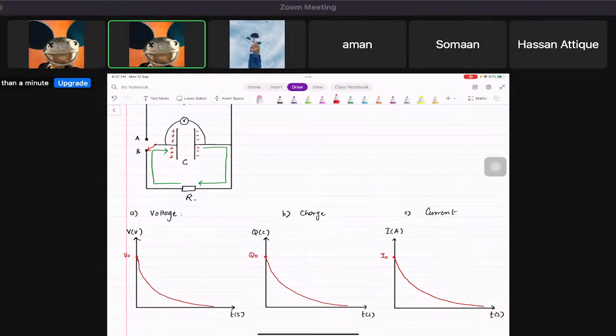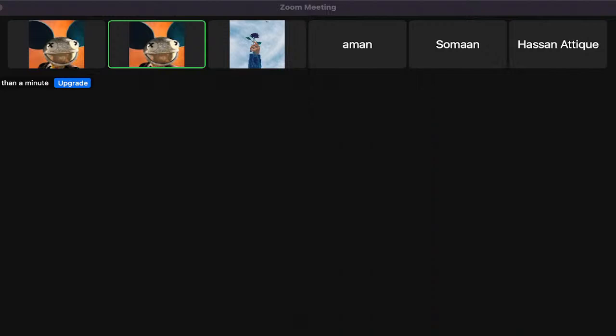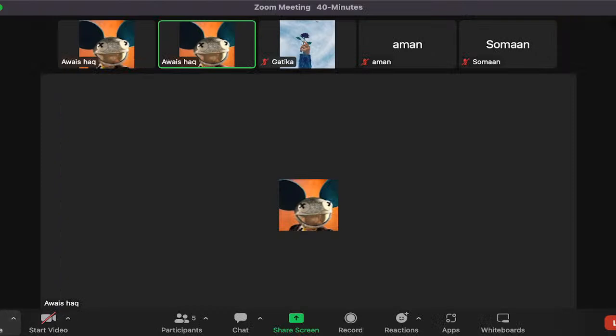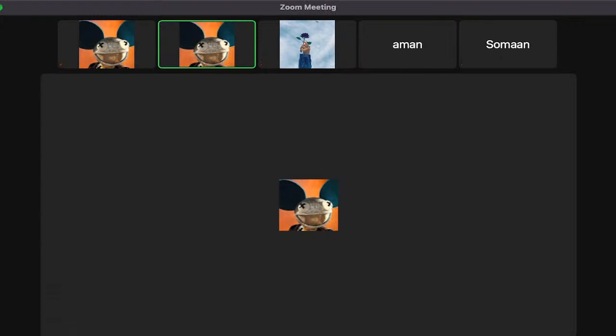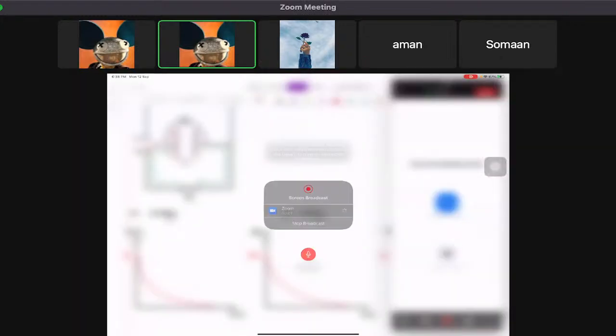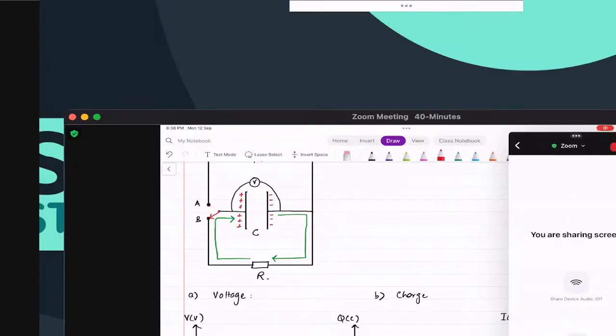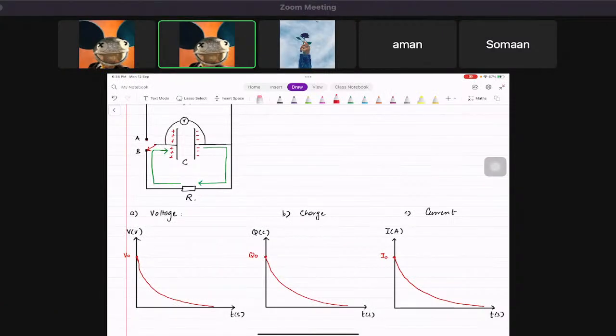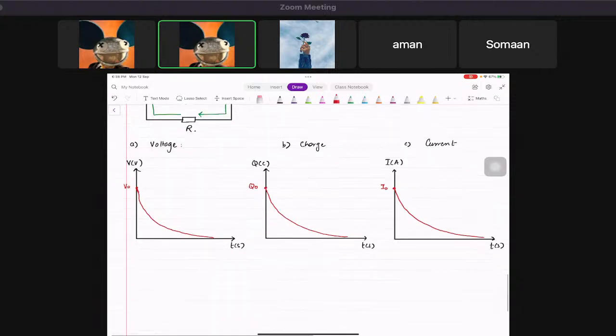Now remember, these curves that I have shown basically go through an exponential decay.